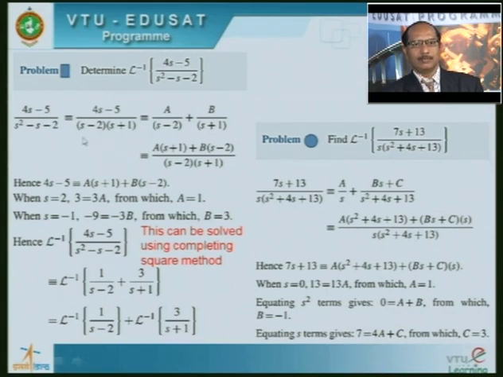We can write s minus 2 into s plus 1; if you multiply these two, it is exactly s square minus s minus 2. Once you are able to factorize the quadratic into linear terms, the usual procedure is a upon this, b upon this, finding the a, b values using the same procedure, and you will get the inverse.